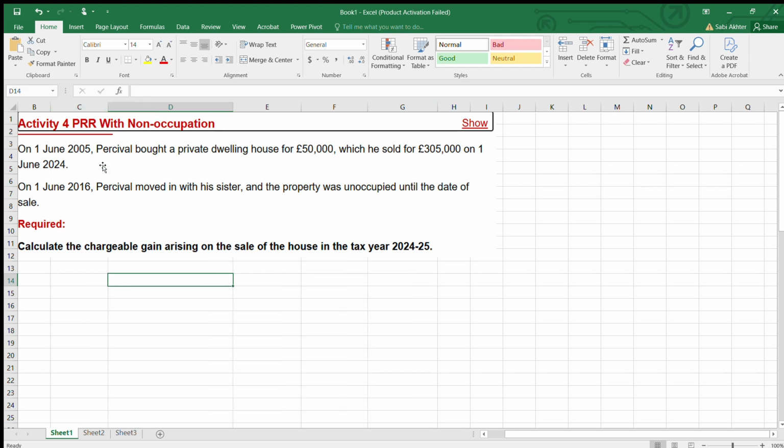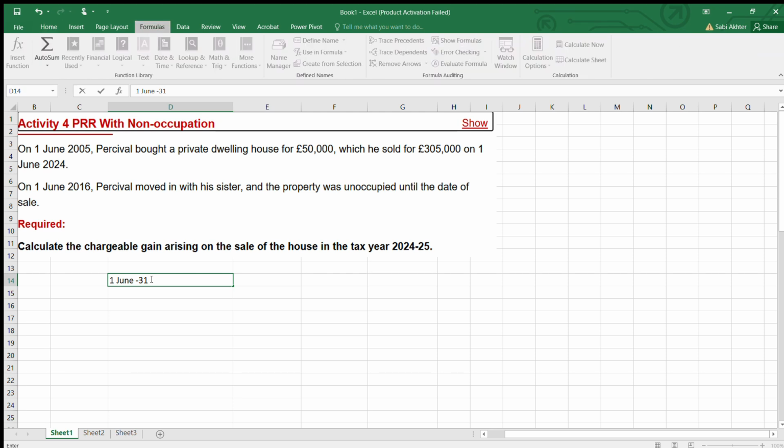So first he occupied from 1st June. Always write the date. This will help you. It's like a timeline. From 1st June 2005 to 31st May 2016, because on 1st June 2016 she moved out. 31st May 2016 is the last day.